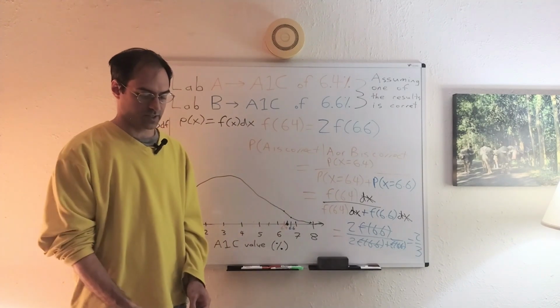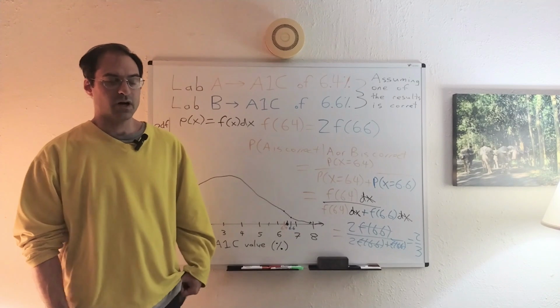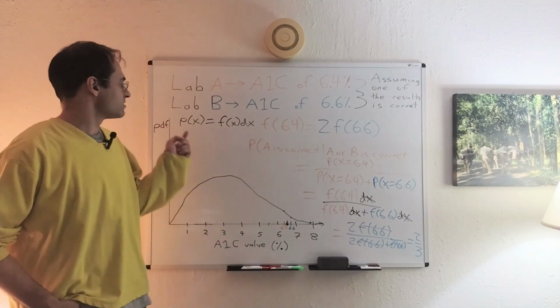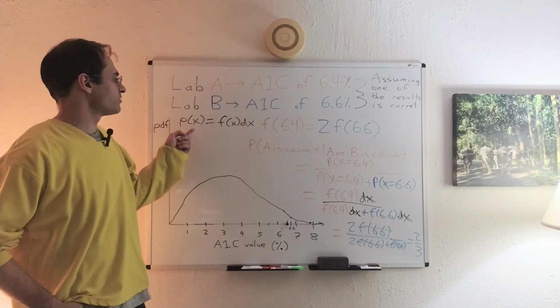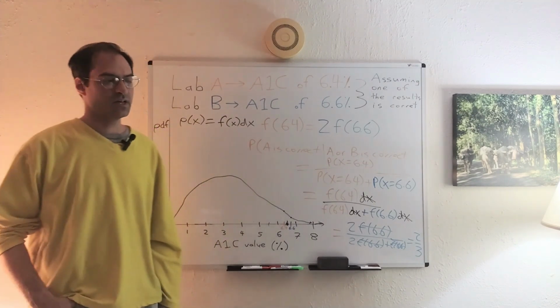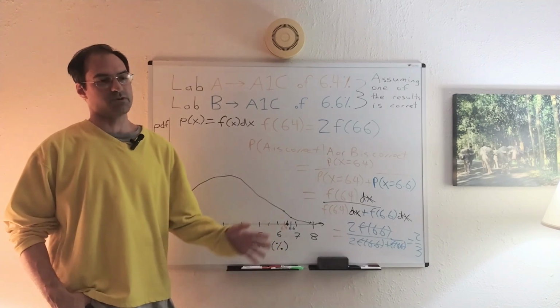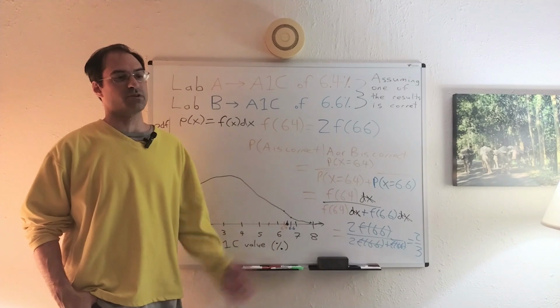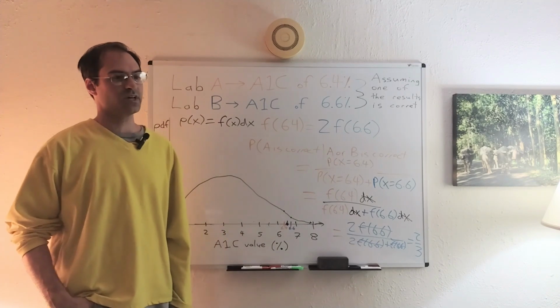So in conclusion to this video, viewing the probability of getting a specific value for a continuous distribution as f of x dx has its problems because a probability is a number between 0 and 1. Dx, how do we determine what that is in terms of digits?